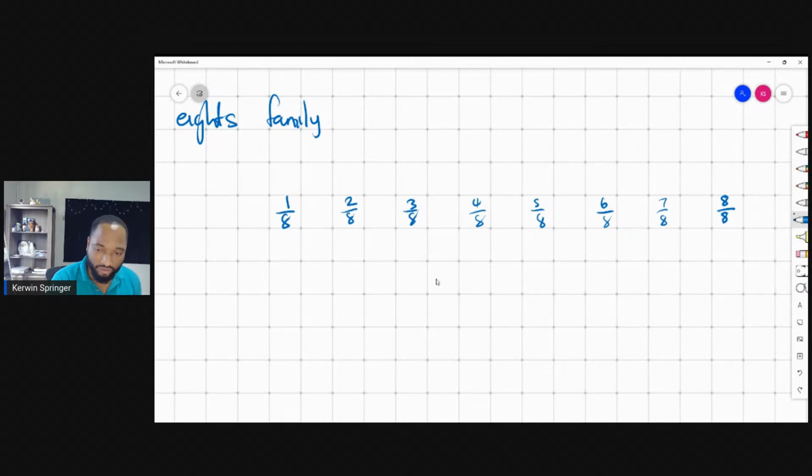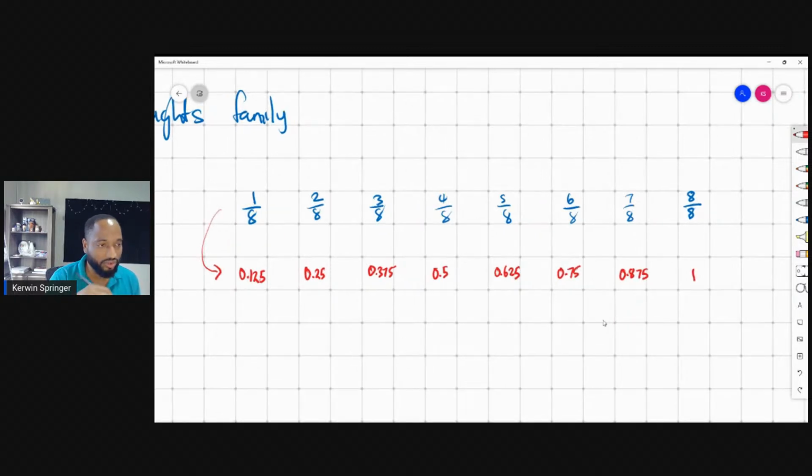And if we want to express this as a decimal, let's do decimal first: 0.125, 0.25, 0.375, 0.5, 0.625, 0.750, 0.875. Yeah, that's correct. And then, of course, 1.